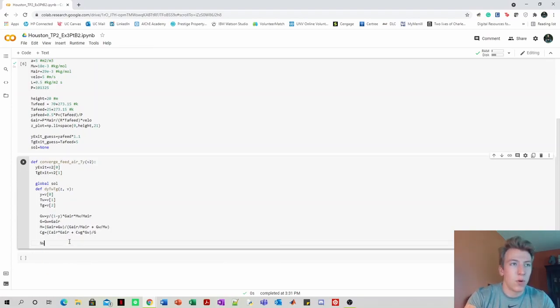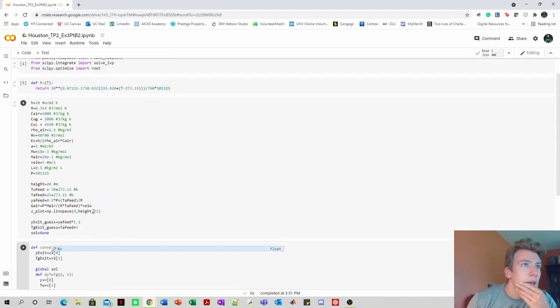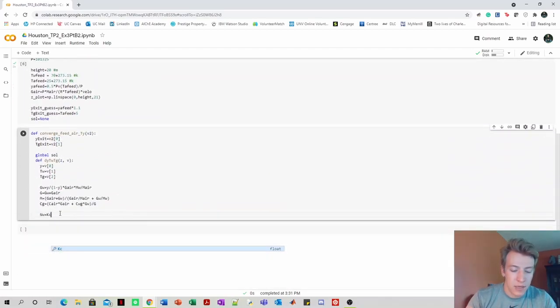Starting with the molar flux of the water vapor in the air, we derived that equation to be NW is equal to the mass transfer coefficient Kc. Let me make sure I didn't capitalize the K. Okay, yeah, I did capitalize it, Kc.